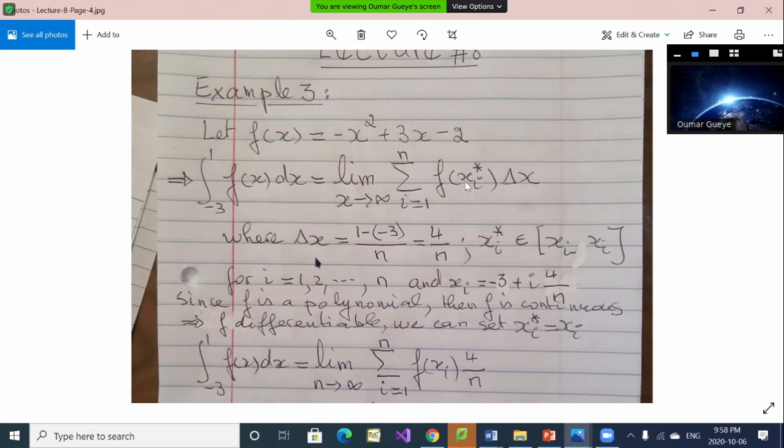That's why I'm just going to remind you what exactly the definition of the definite integral is. Integrating from -3 to 1 is equal to calculating this limit when n goes to infinity.